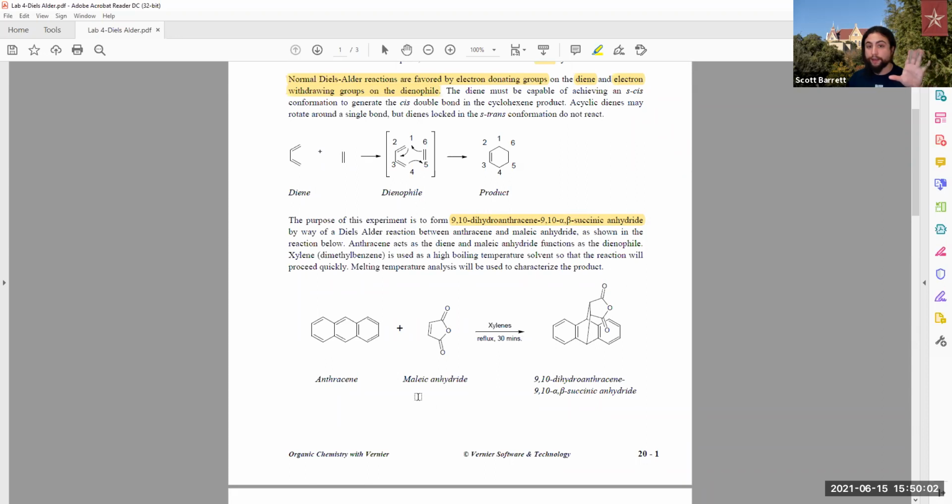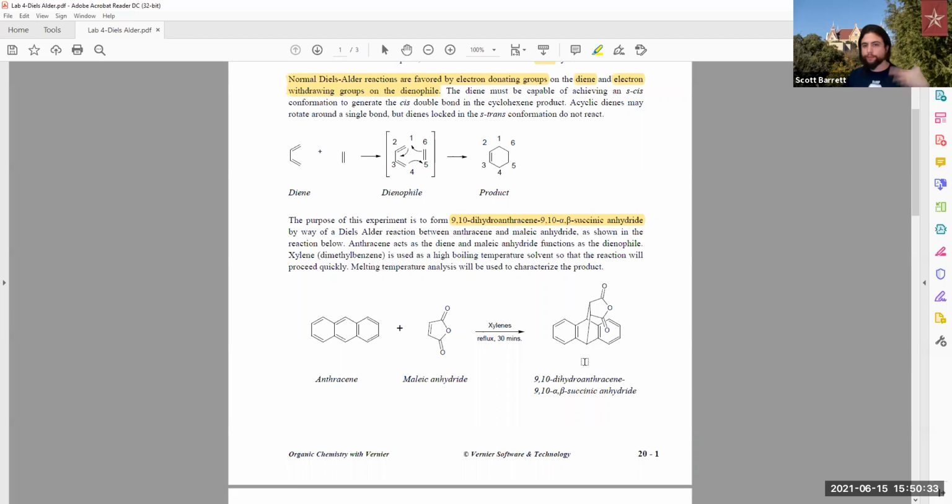So the maleic anhydride becomes a succinic anhydride on here, which is bridged over onto the anthracene base. So when you think about it, think about the anthracene base as the bottom part of it, and then attached on top of it is going to be the alpha beta succinic anhydride. And then the numbering here is the positions of where this is actually bound onto the anthracene as a base molecule.